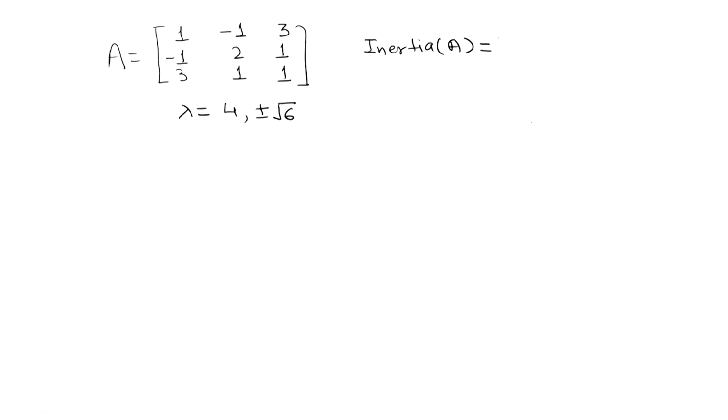So, I have two positive eigenvalues of A, one is 4 and another is square root 6. So, rho is 2, the number of negative eigenvalues is 1 and the number of zero eigenvalues is 0. This triplet is the inertia of matrix A.